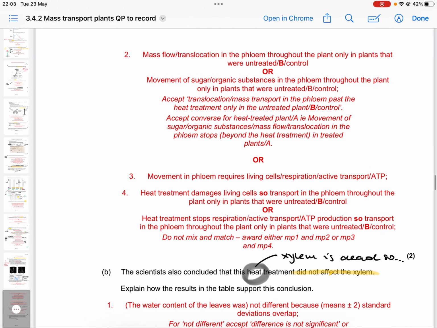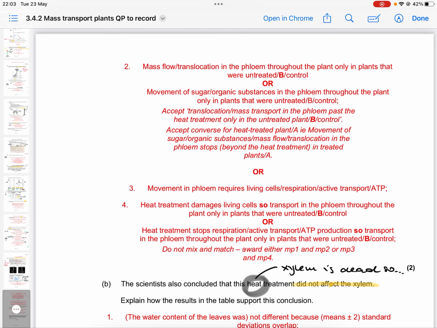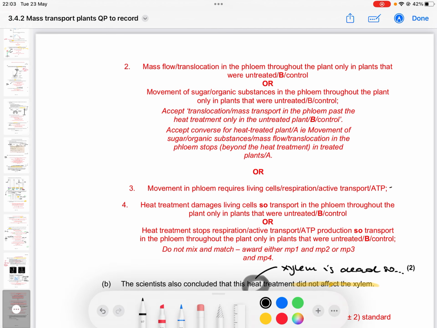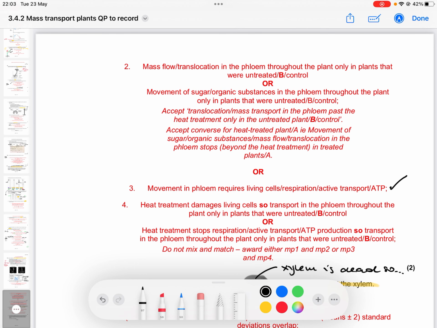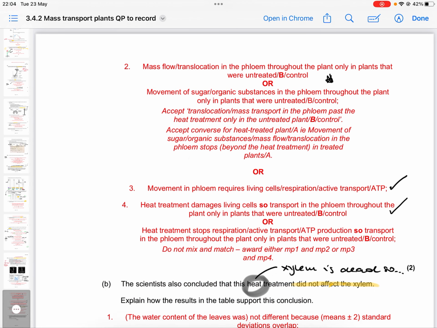Another explanation that we've mentioned is the fact that the movement in the phloem requires living cells, requires ATP, and heat treatment would damage those cells. There was another marking point here that says mass flow or translocation, if you like, in the phloem through the plants only took place where the plants were untreated, so in picture B. So that's something that you could get the mark for as well. However, that was worth only 2 marks.